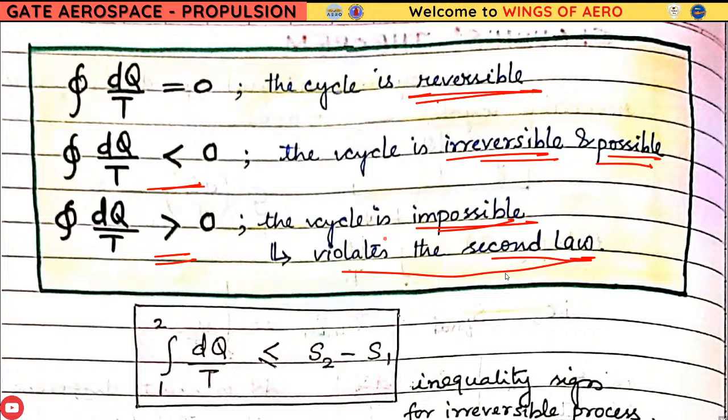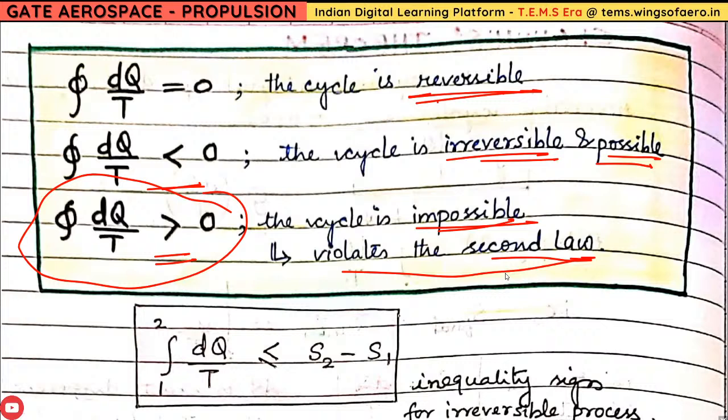If they ask for the impossible one, wherever there is a greater than, you have to choose that. Or they might ask whether the closed integral of dQ by T can be greater than 0, with options like that.